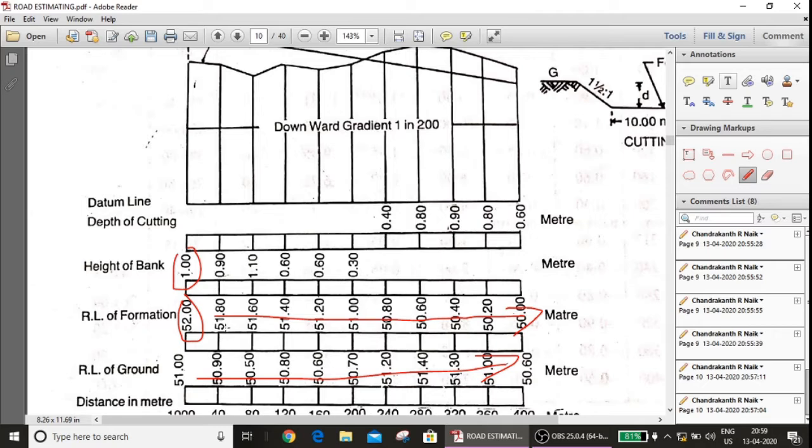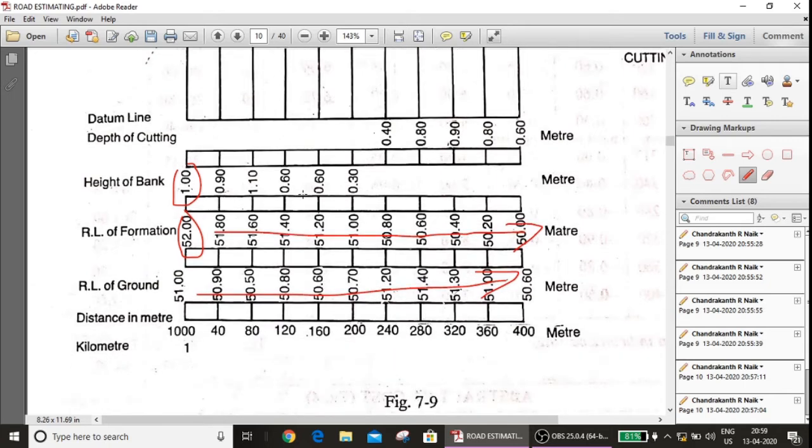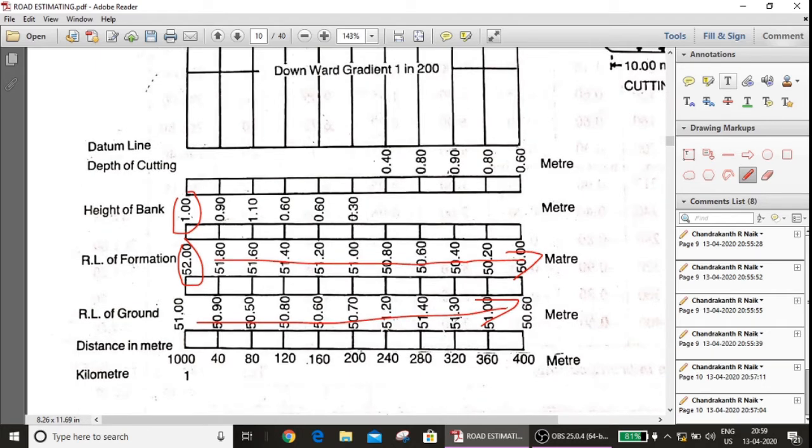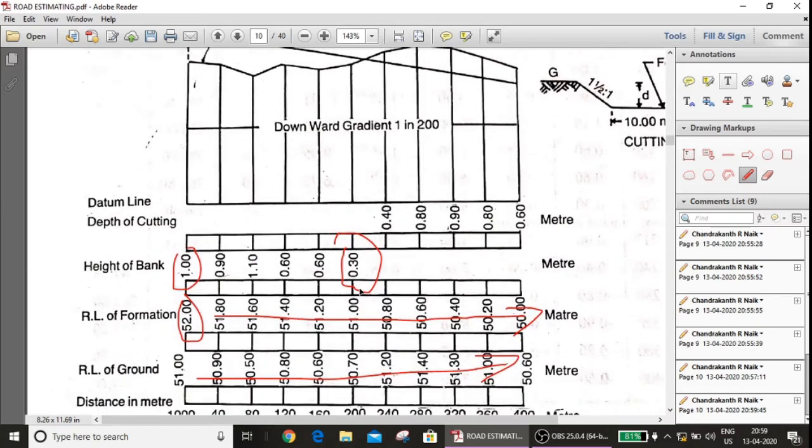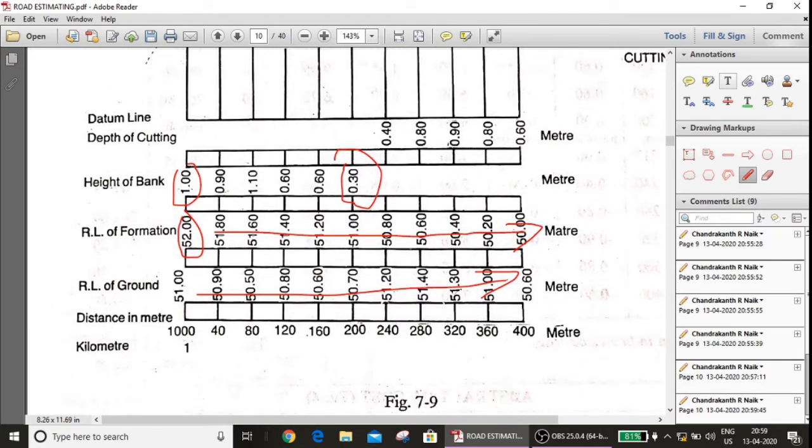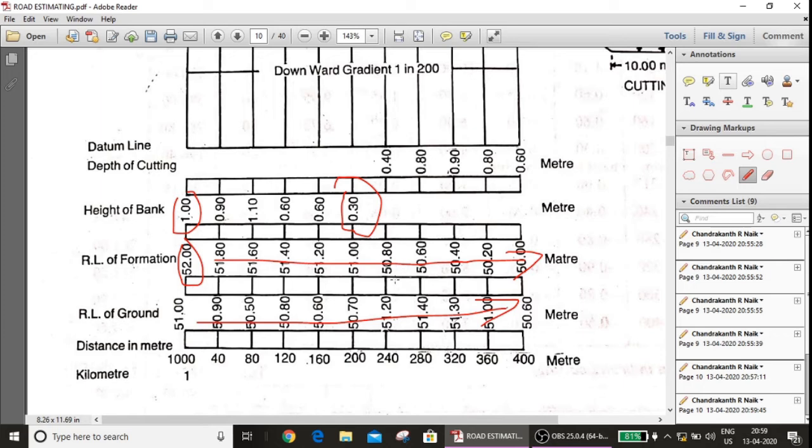It's fine. So 51.80 is 0.90. So till the chainage 1, 2, 3, 4, 5, 6, sixth chainage, we will get banking. 51.00 minus 50.70, we will get here 0.30, right? 0.30 at the chainage, and after that 50.80 minus 51.20.